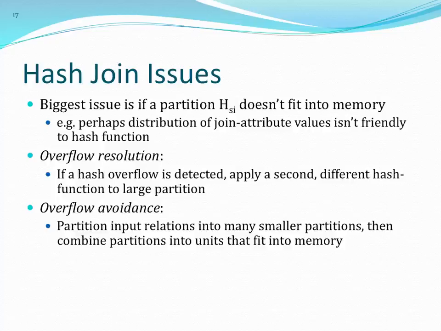Really we have some hash function h that we apply to the data, and then H sub p is just h modded by something, and H sub I is h modded by something else. You have to be careful, because if you don't take care to avoid issues with that, then your H sub I could end up not hashing your data very well. So it's a little bit tricky.